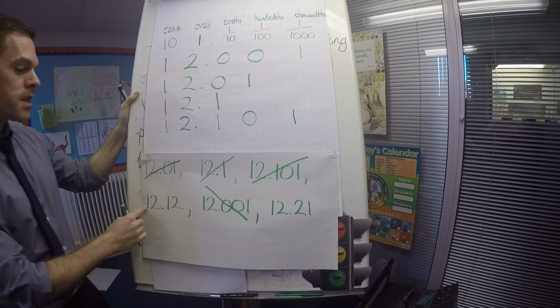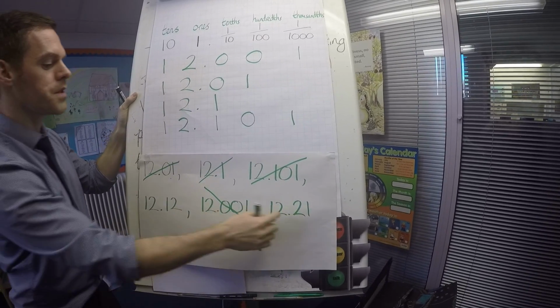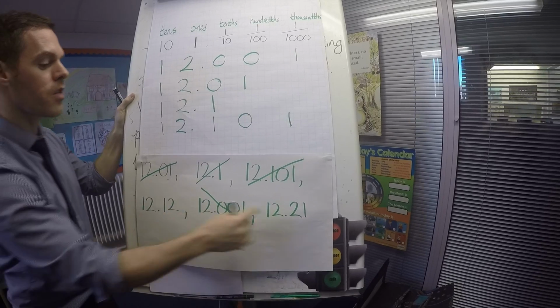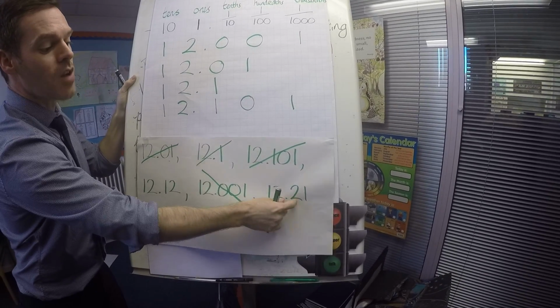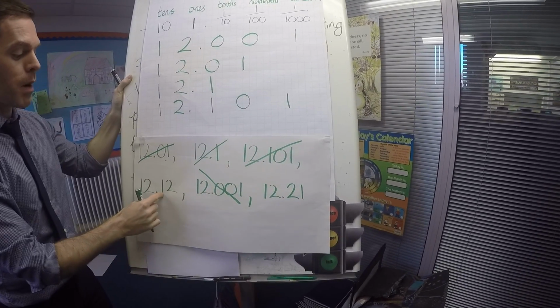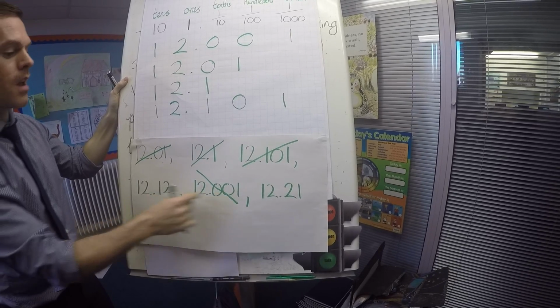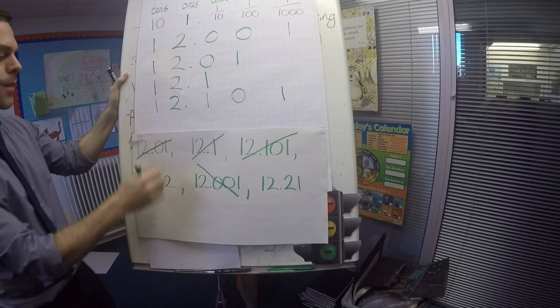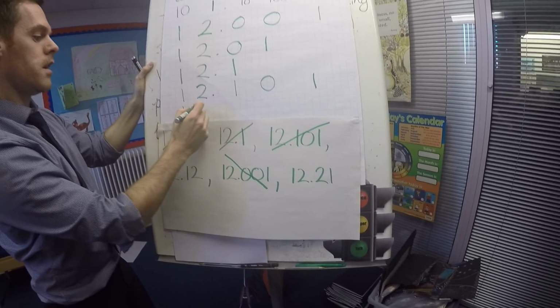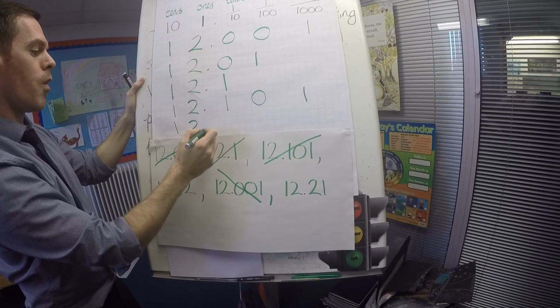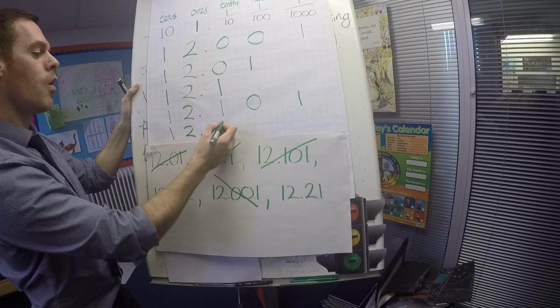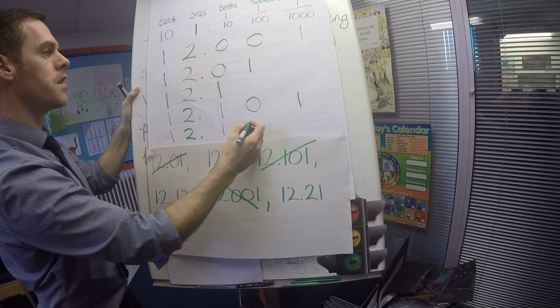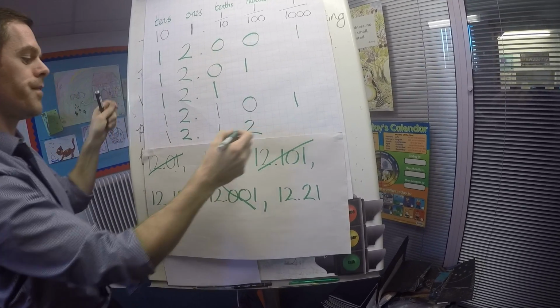Start again. 110, 110, 2 ones, 2 ones, 1 tenth, 2 tenths. This number is bigger than this number because this number has got 1 tenth and this number has got 2 tenths. So this is my next smallest number. 110, 2 ones, decimal point always on the right side of the ones, 1 tenth, and 2 hundredths.